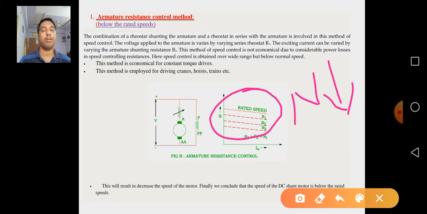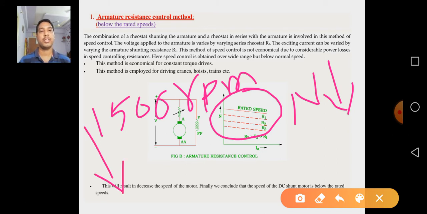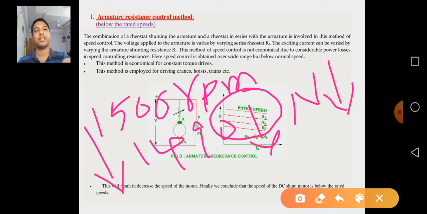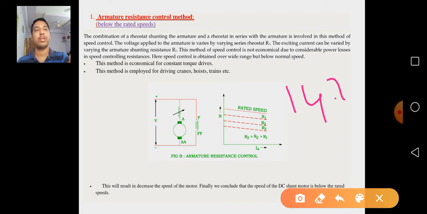Suppose, for example, the motor is running with a normal rated speed of 1500 RPM, revolutions per minute. Obviously if you connect the armature control method and go on increasing the armature resistance, the speed of the motor is going to droop. When we increase the resistance by some X value, it comes to 1490 RPM, and if I still increase the resistance, it goes from 1490 to 1470.